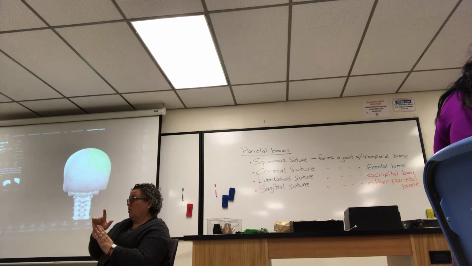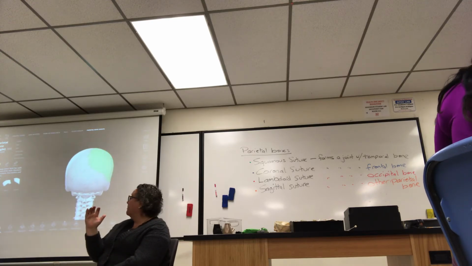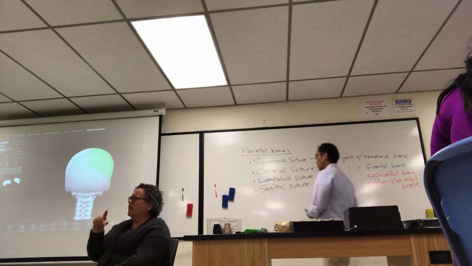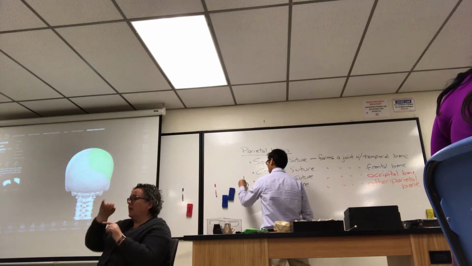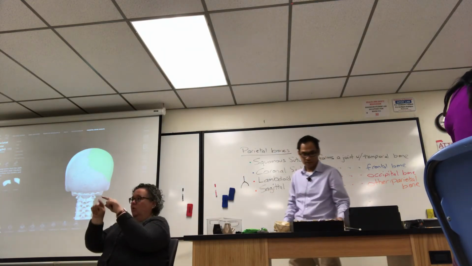Here's the back of the skull. Do you see the parietal bone highlighted on one side? I want you to know why they call it Lambdoid Suture. Tell me if you see this Greek sign lambda. Do you see that? Yeah, it's pretty obvious once I point it out.